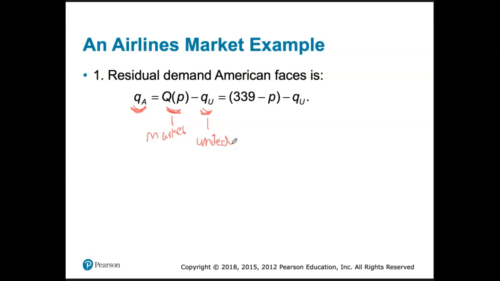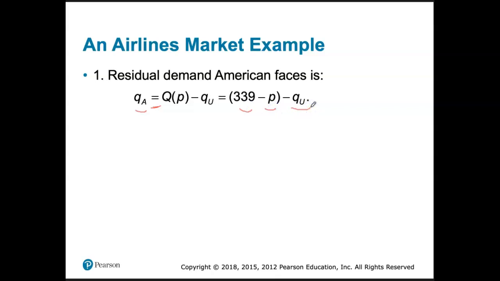So it's going to be 339 minus P, which is the market demand function we had, minus QU. Then we have QA equals 339 minus P minus QU.